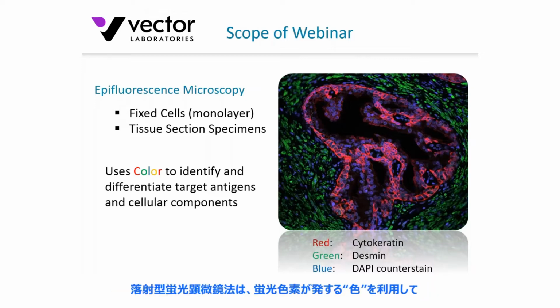The epifluorescence here utilizes the color of the actual fluorophores to identify and differentiate the target antigens and cellular components. I've got an example here on the slide showing a double label, cytokeratin in red, desmin in green, and then a blue counterstain. Obviously it's leveraging the color of the different fluorophores to identify these target antigens. So this is what we're talking about today.